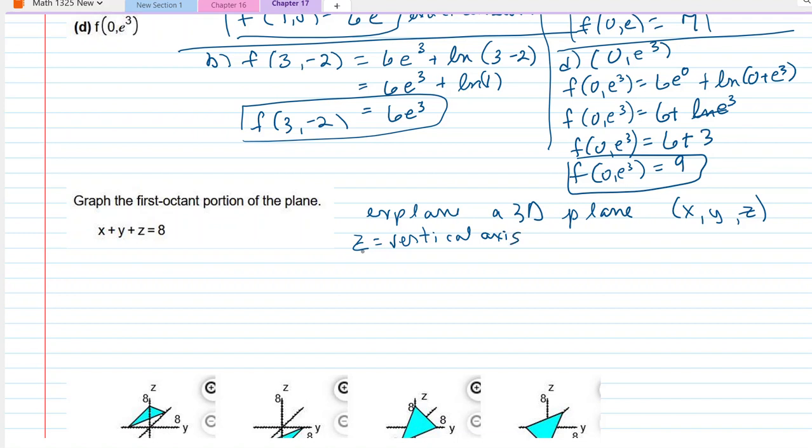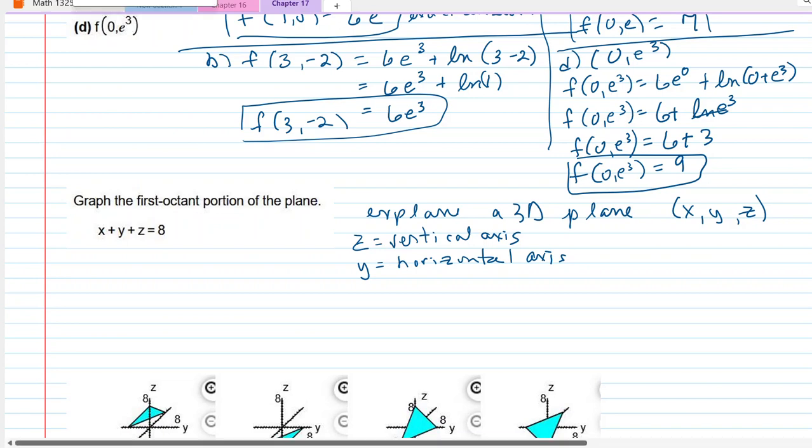And we depict y as the horizontal axis. Now, the only reason we do that is to show the three-dimensional plane, to display this in a form without having a three-dimensional axis. And then x is the diagonal.